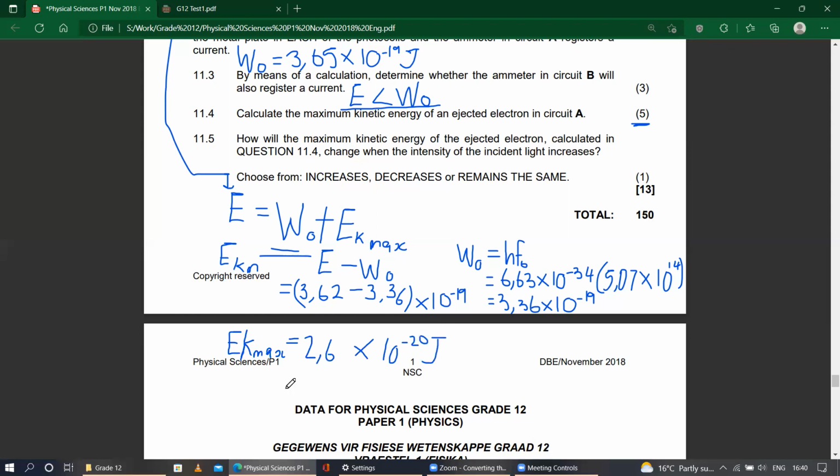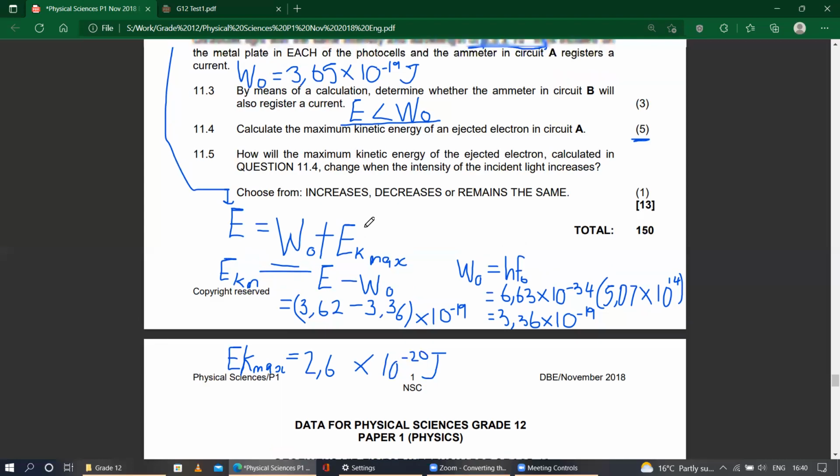So that's your maximum kinetic energy. I think it's a simple enough concept. So you understand it, right? Yes, sir, I got it.